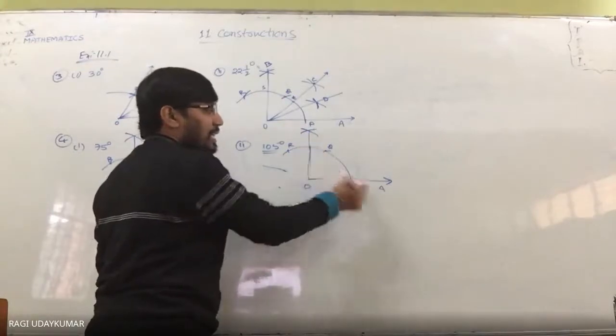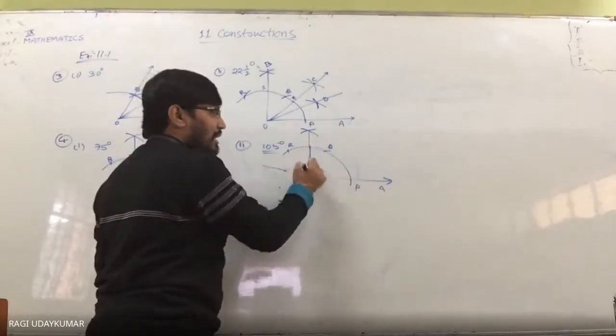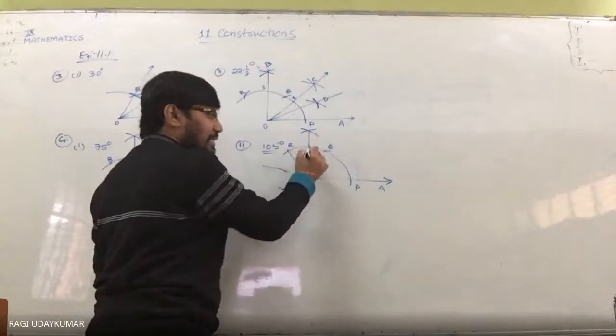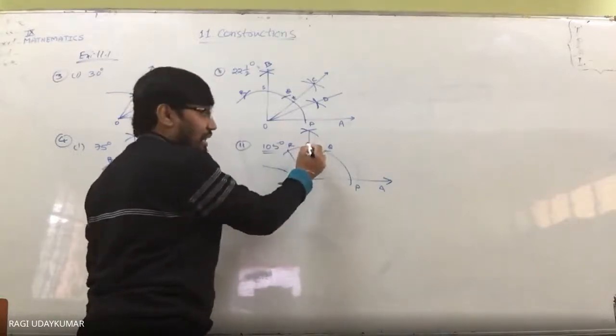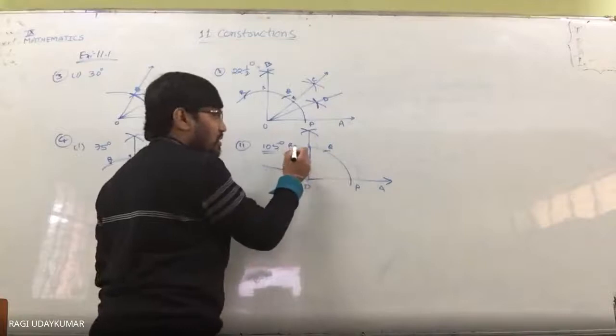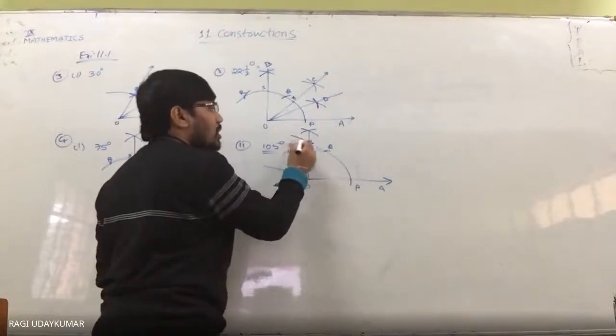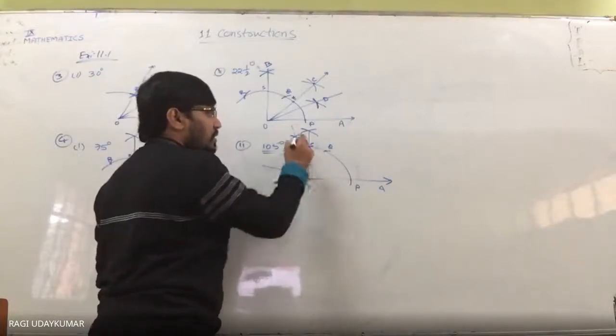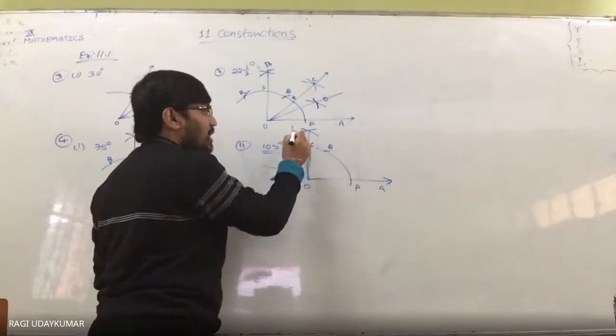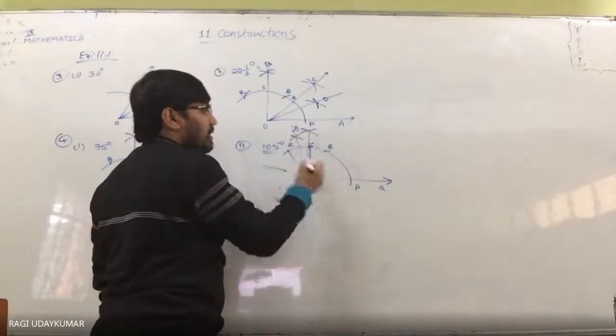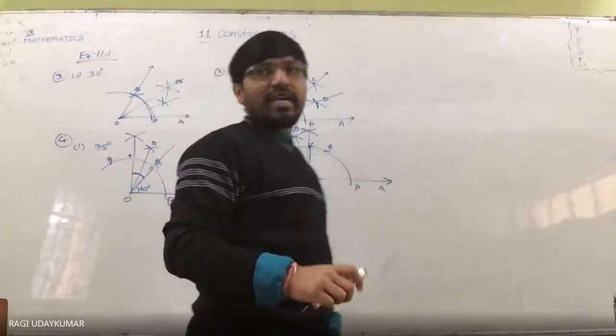This is angle 90 degrees. Now this will be 30 degrees. You have to bisect this 30 degrees. If you want 105, these two are the centers, draw two arcs like this. Name this point as some B here. That angle B is 105 degrees.